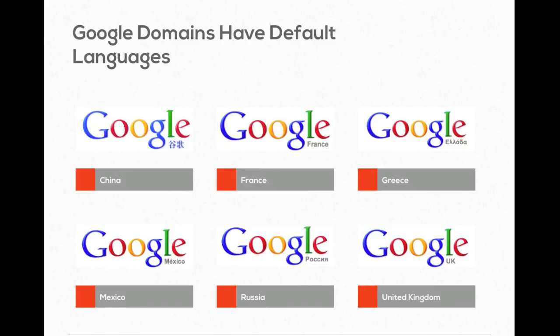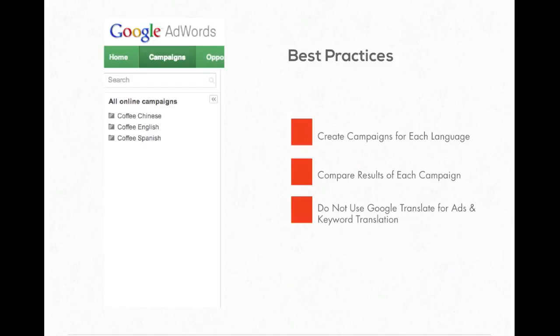So Google Mexico, for instance, would default to Spanish. The URL for something like Google UK, and you can go to this, I'll put the links in the side of this lesson, but Google UK is google.co.uk. Not everybody uses google.com. Sometimes people don't understand this, so I figured I would touch on it really quick.